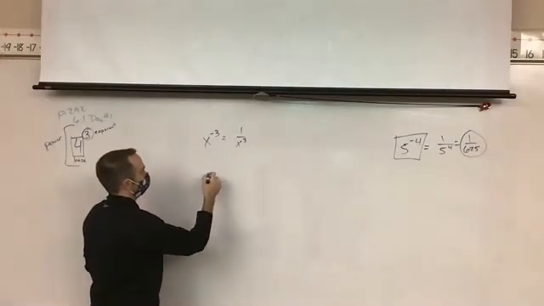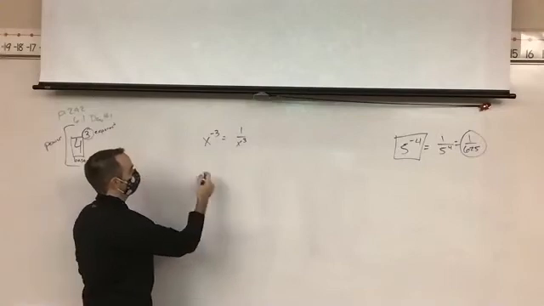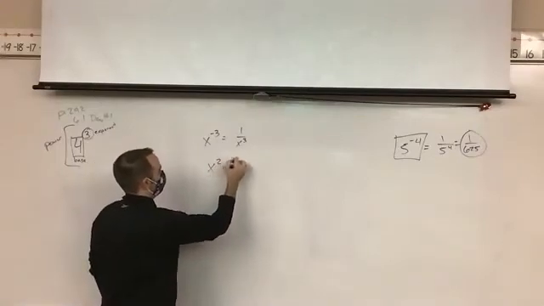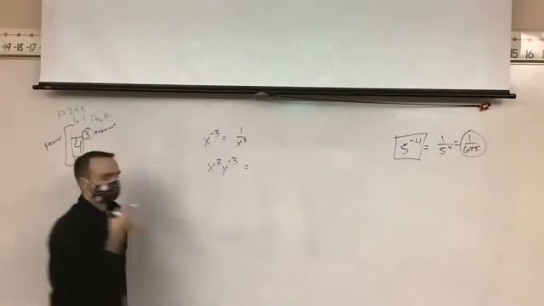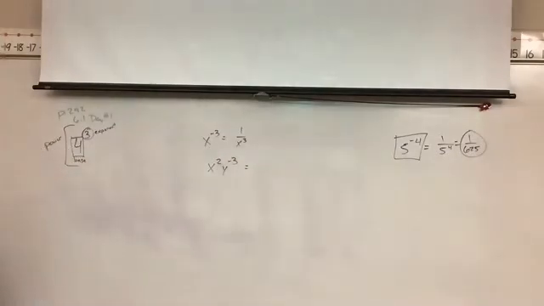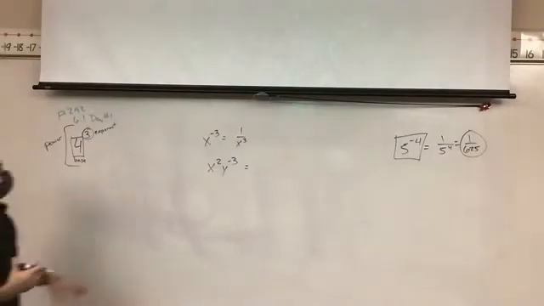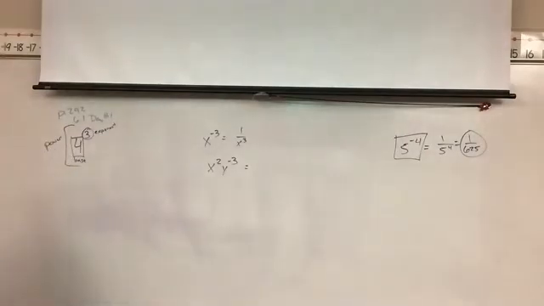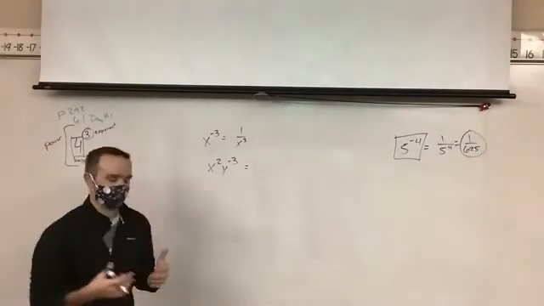Okay, let's say that we had x squared y to the negative third. I'm going to start throwing these new situations at us. When we see a problem like this, we cannot have negative exponents in our answer. We're never going to have negative exponents in our answer. We always have to change it over to positive exponents.